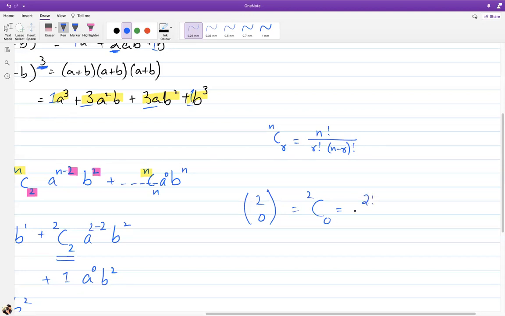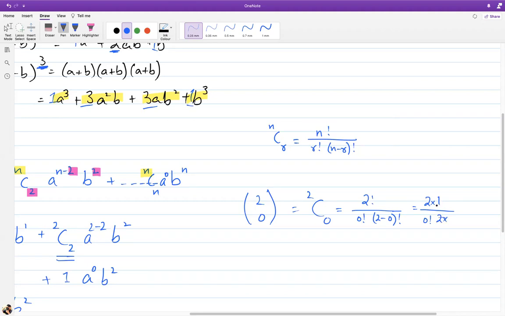So when I say 2c0, what exactly am I saying? I'm saying 2 factorial over 0 factorial into 2 minus 0 factorial. Now, what exactly is a factorial? What does it tell us? There is a lot of detail to that, but for now, it just suffices to know what exactly it is. So 2 factorial is basically 2 times 1. And 2 minus 0 factorial is 2 factorial.